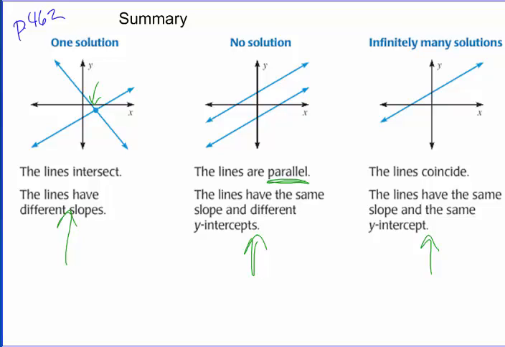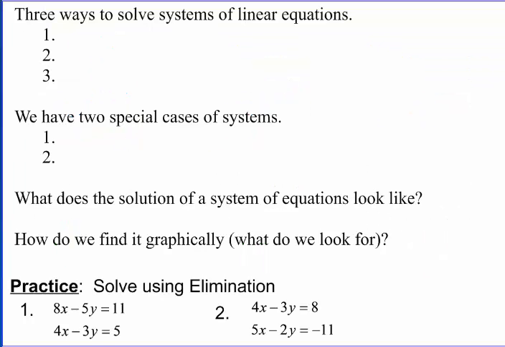And then we have three different methods that we are using to find these values: graphing, substitution, and elimination. So those are the methods we have for finding these three types of solutions. This is the practice that you're going to do at the end. There's a couple of questions at the beginning. On the left side of your notes, make sure that you answer each of these questions. Try to list 3 ways to solve a system of linear equations.